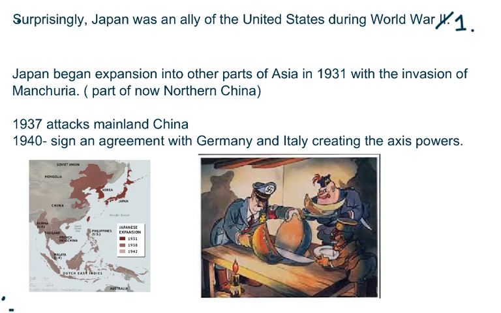One of those was that Japan began expansion into other parts of Asia in 1931 with the invasion of Manchuria, which is now known as northern China. And this is actually one of the earlier incidents of the fighting in World War II. There are a lot of experts that believe that Japan fought this war for many reasons.